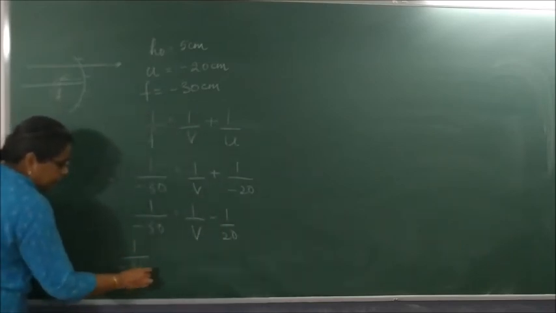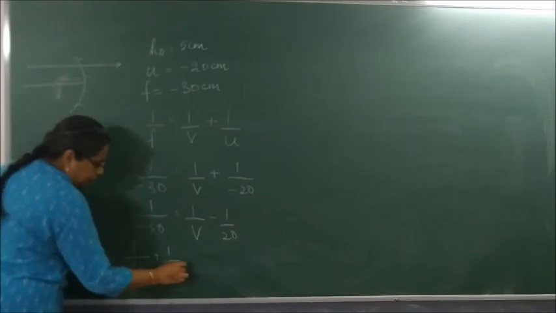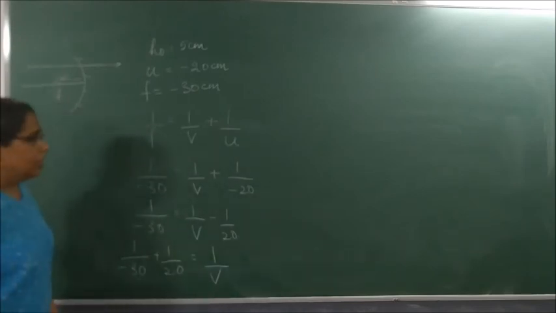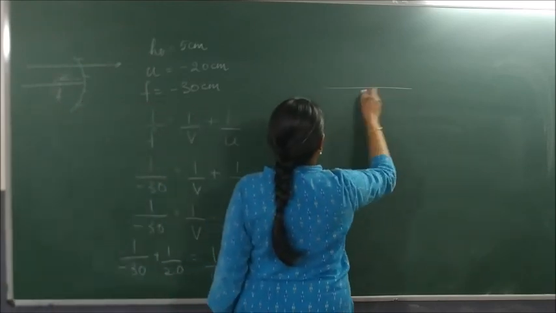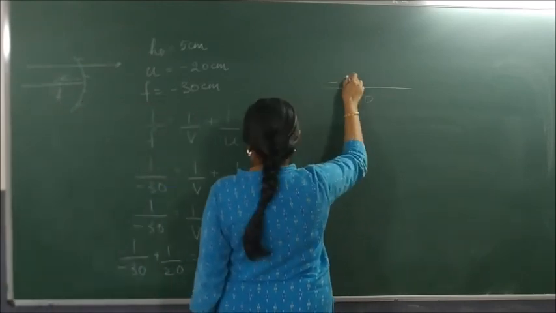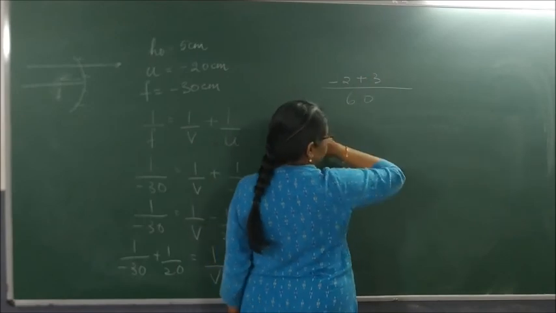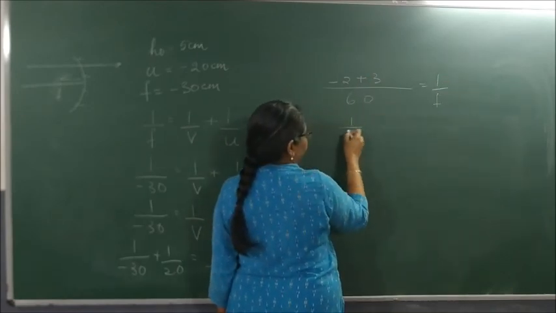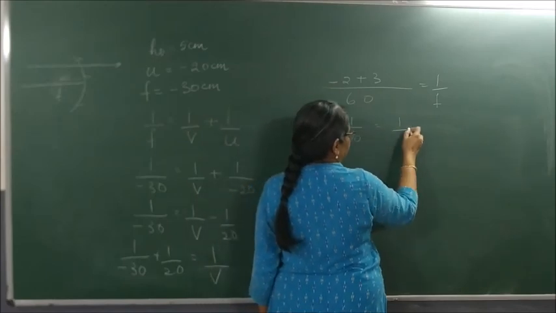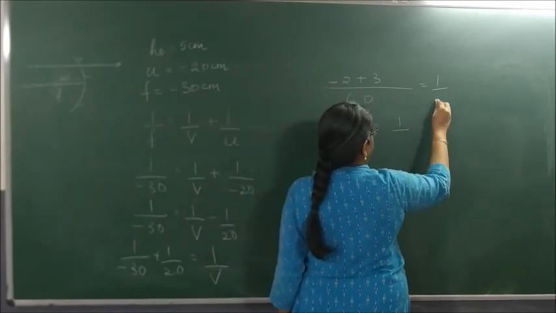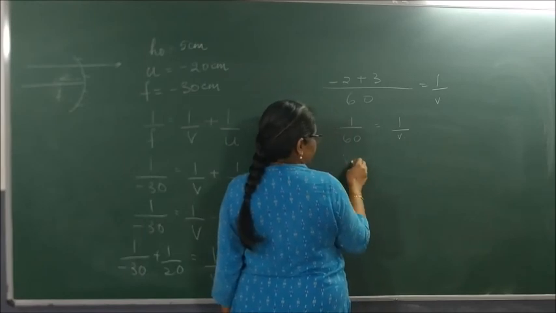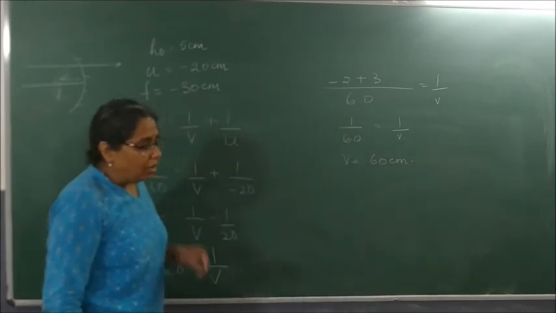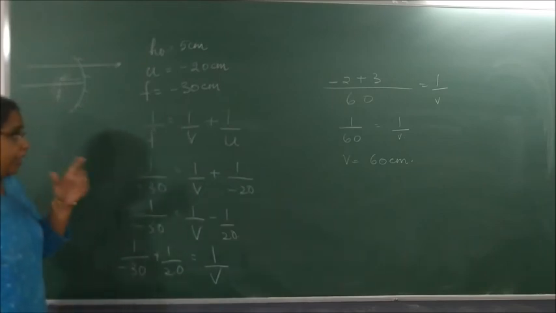So 1 by minus 30 plus 1 by 20 is equal to 1 by V. LCM is 60. Minus 2 plus 3 gives 1 by 60 is equal to 1 by V. So V is equal to 60 centimeter.